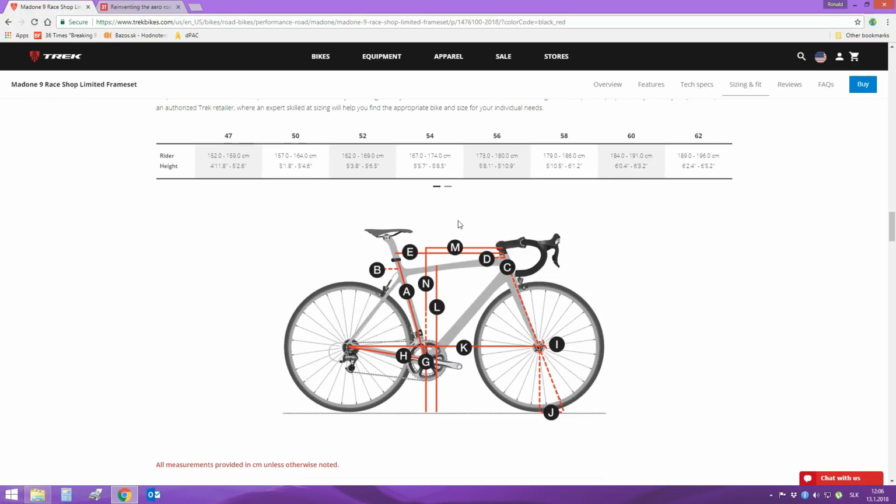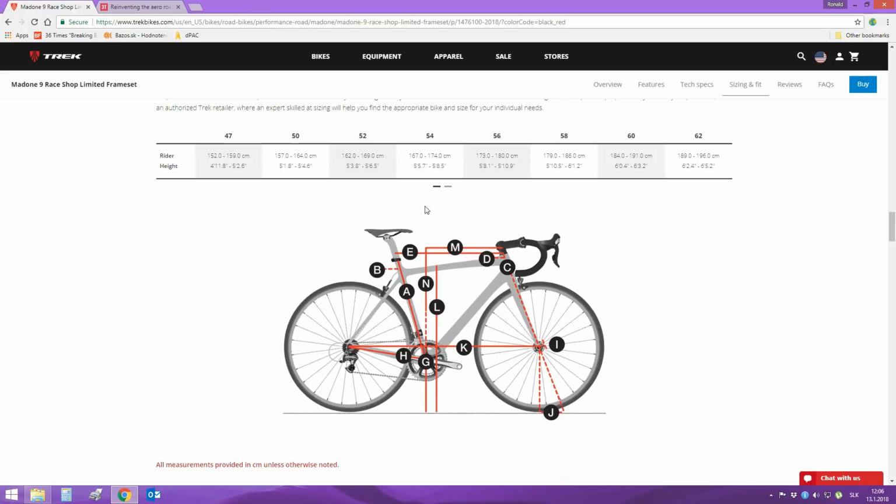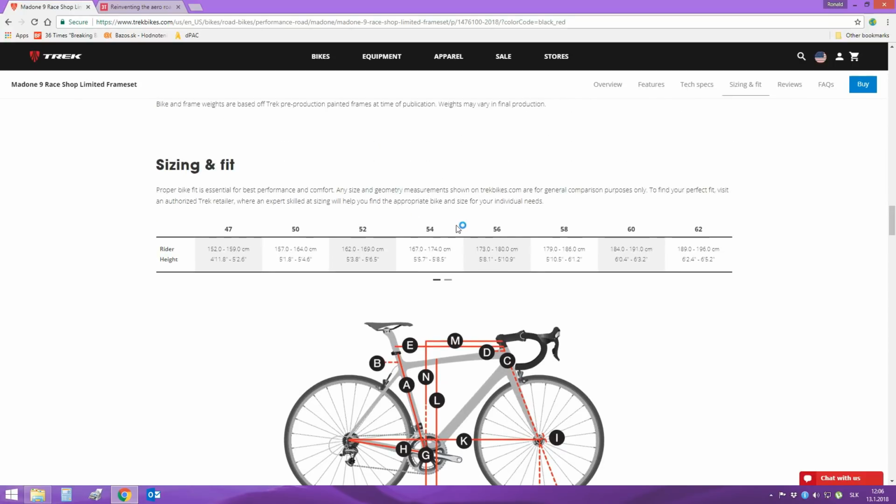So this will probably be the best size. Now the stack is a fair amount shorter on the 3T, whereas a size large would be more close, but then we have much more stack. So stack wise, the medium is better, reach wise, the large is better.